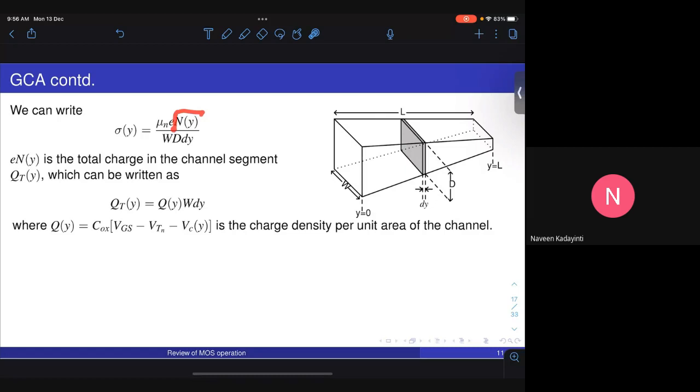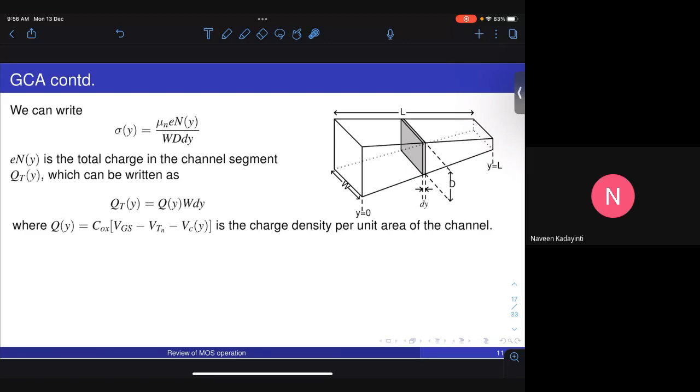So that is what is done here. Okay, so e into N of y is the total charge in the segment, which can be written as Q_T of y. So the total number of charge carriers in this volume, N of y, into e is now the charge in the segment that we have shaded here.